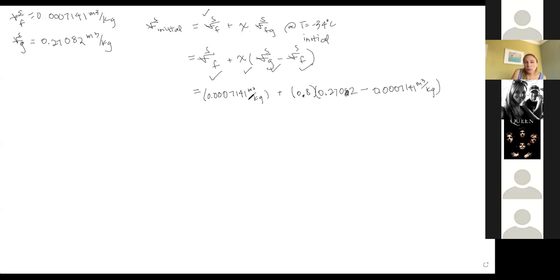So the units that we should be left with, quality is unitless, should be cubic meter per kilogram. We're trying to get an initial specific volume. So we can just plug and chug. I got this value to be 0.2169 roughly, I'm rounding a little bit, cubic meter per kilogram as our initial specific volume.